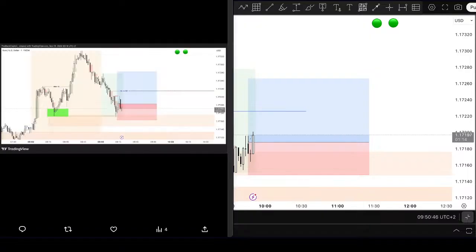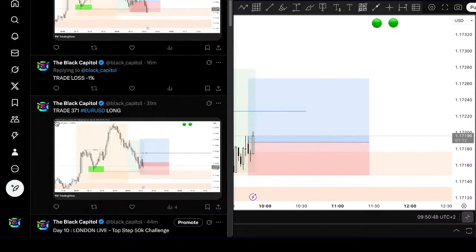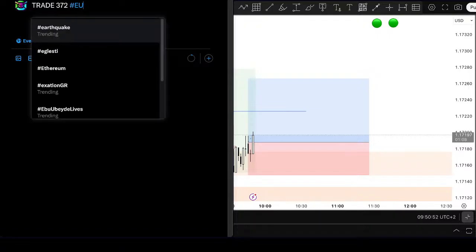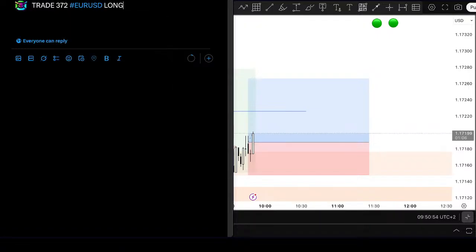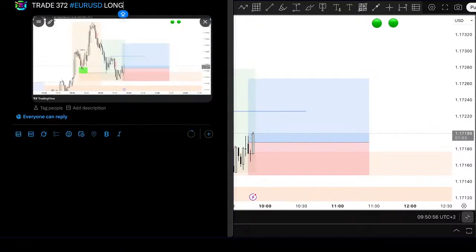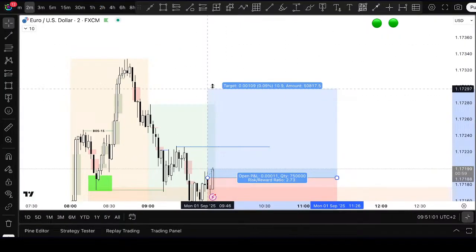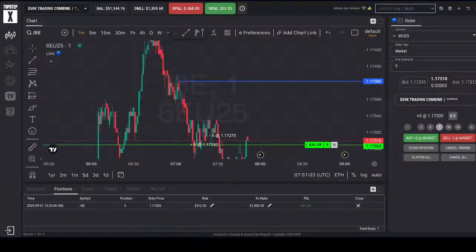It's an impulsive entry. Trade 372 USD long. I'm arrogant on this trade. I need 1:3.